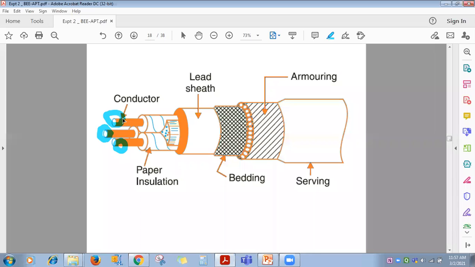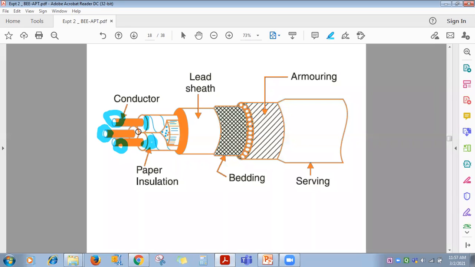Now what is its purpose? The conductor carries current, AC current, because we transmit electricity in the form of 3-phase AC. Then, since you want to put these conductors under the ground, some insulation must be there.